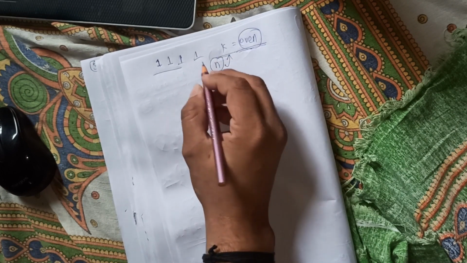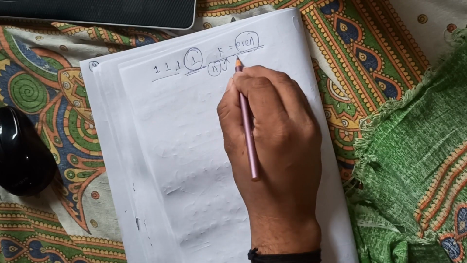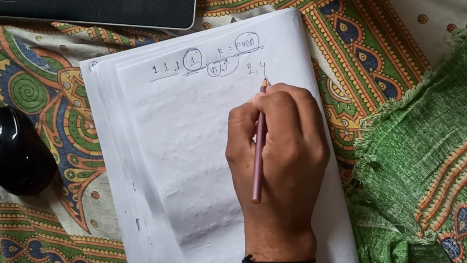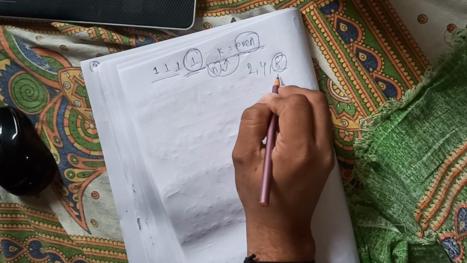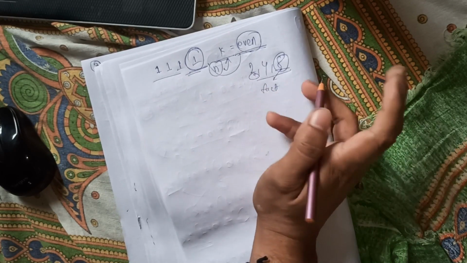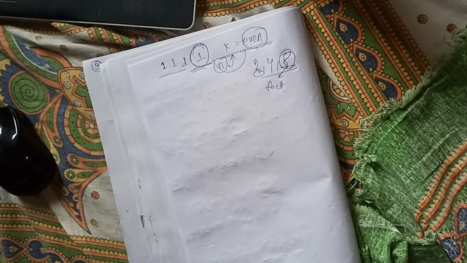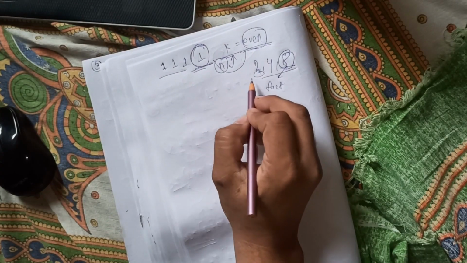Because the last digit is always 1, any even number won't divide it, right? 2 won't divide, 4 won't divide, 8 won't divide, because it has a factor of 2. So if 2 doesn't divide, 8 won't divide, right? I hope it is visible to you, right? So even won't divide.